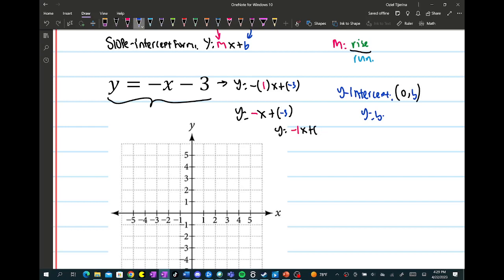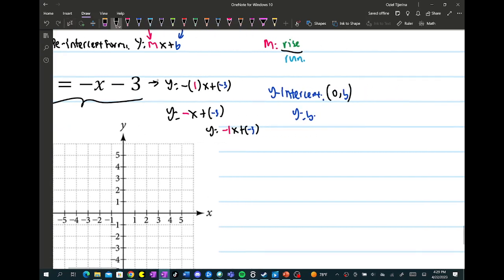Using all this information, we know the y-intercept is of the form 0, b. Here, b, which is our y-intercept, is negative 3. And we know that the y-intercept is the coordinate 0, negative 3.